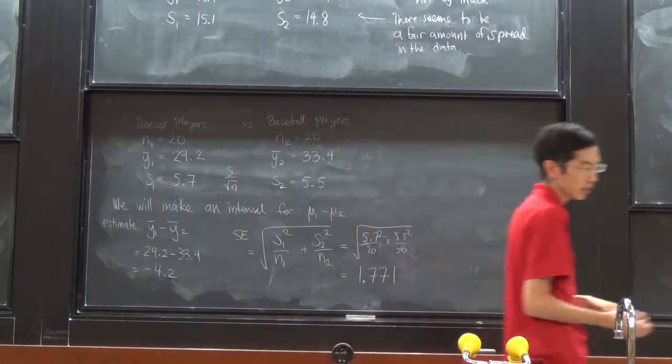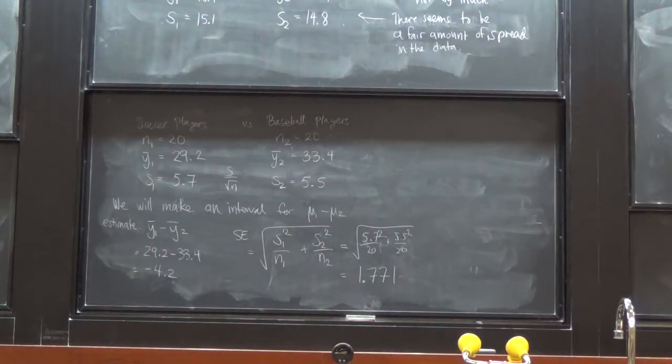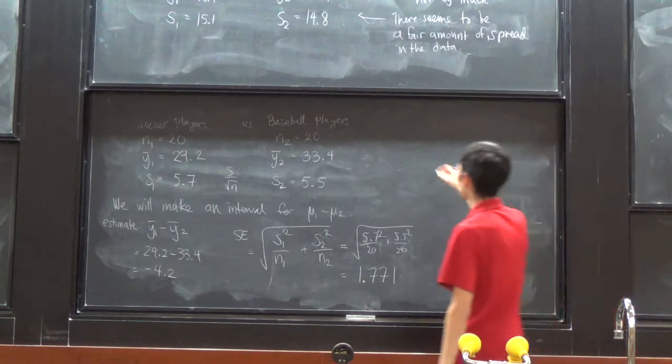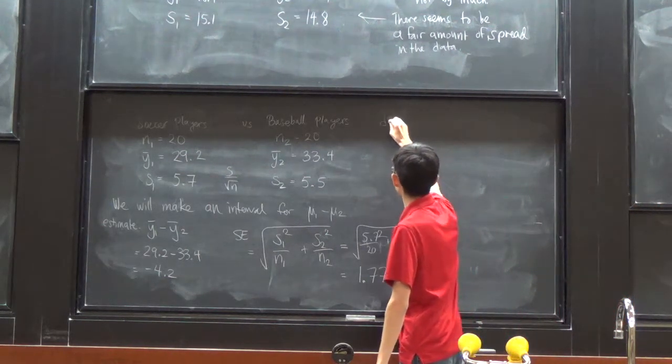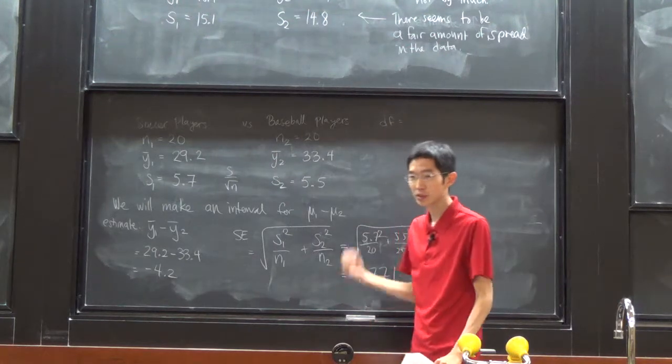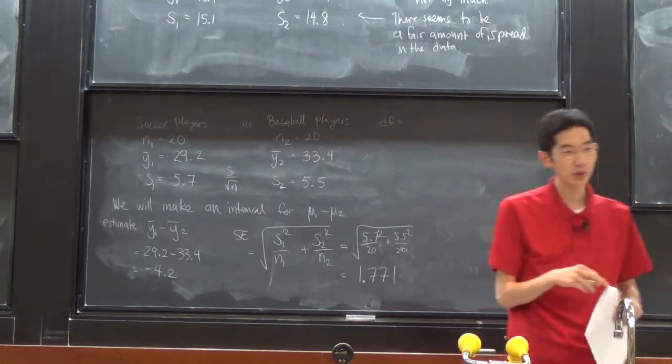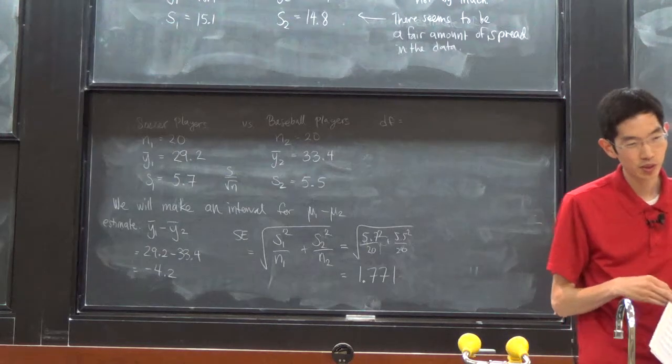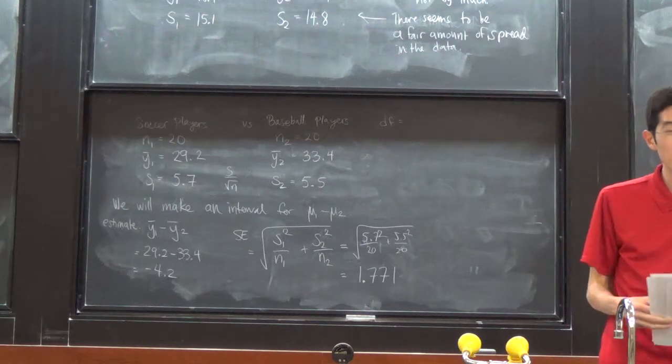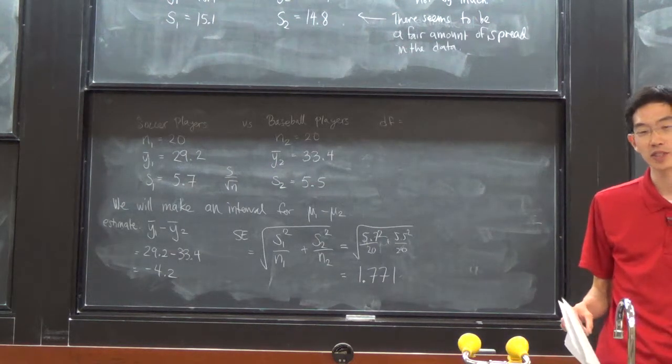Okay. So the selection of t star depends on our degrees of freedom. The truth is, when you have two independent samples, the degrees of freedom is actually complicated to calculate.